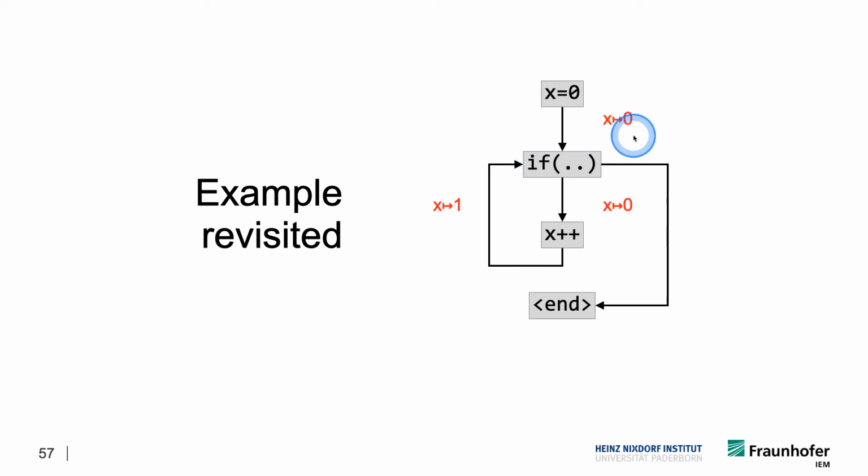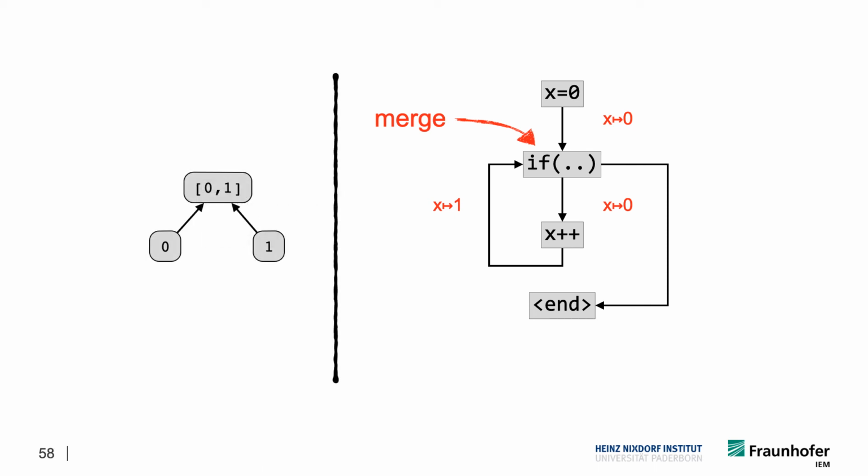And now we're conducting a merge operation again. The nice thing is that the lattice immediately tells us how we should merge. By looking at this interval lattice again, we know that we should merge the interval 0 and the interval 1 to the interval 0, 1.